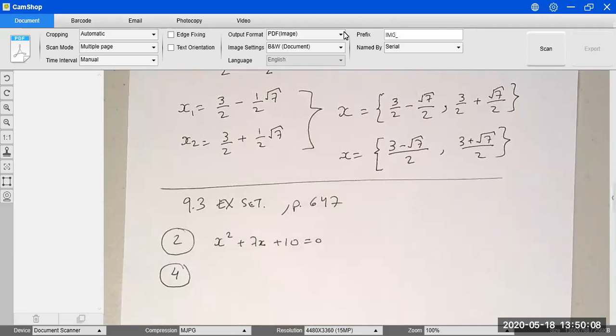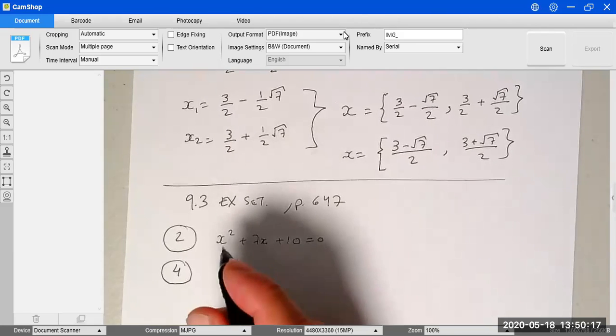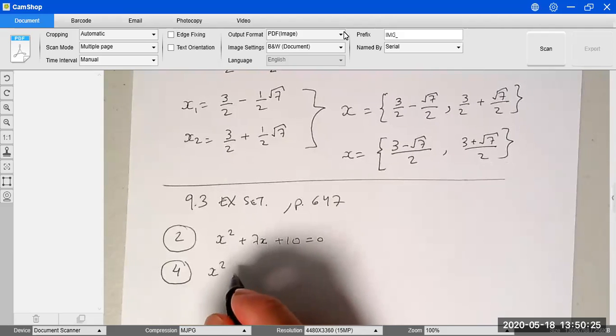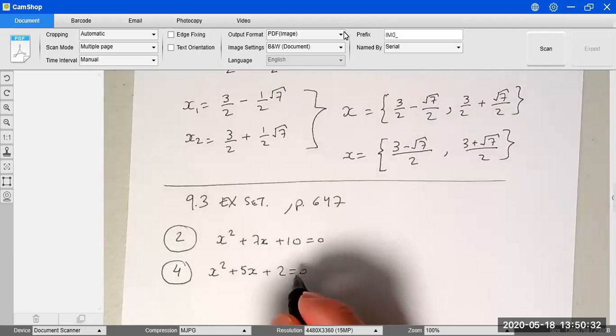And the other important thing is that when you use the quadratic formula, you're practicing your math on radicals. So it's a good practice for radical expression math.